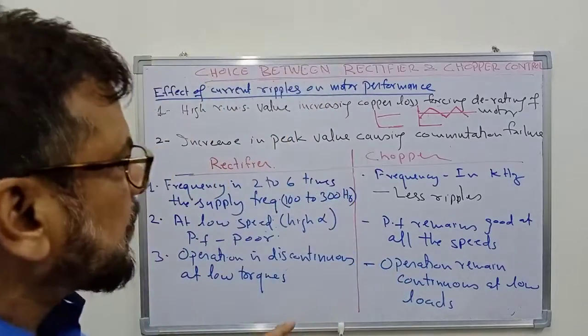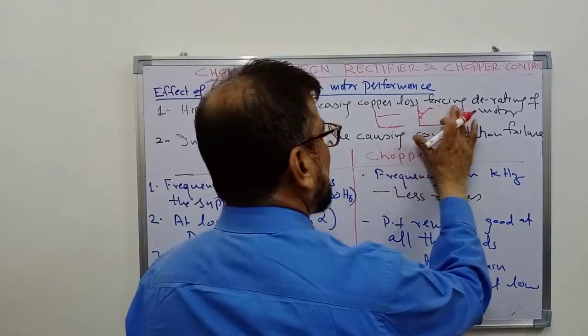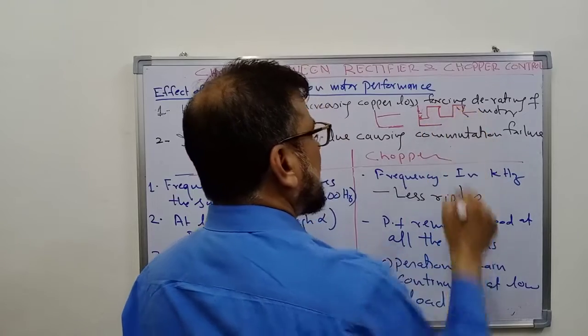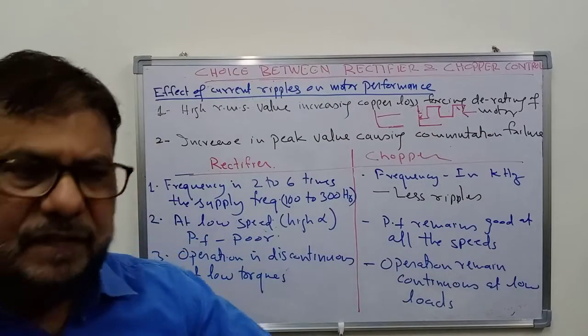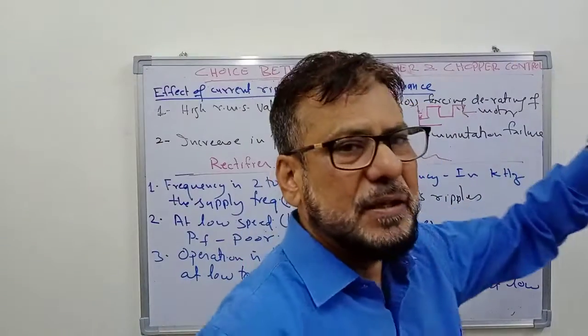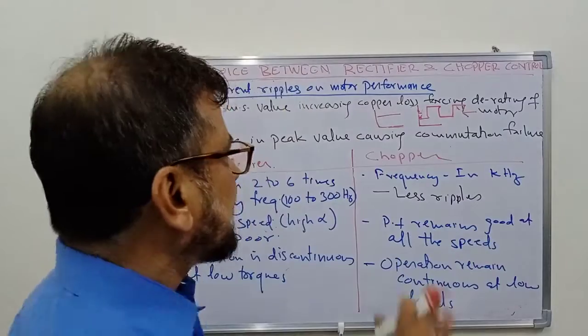You can verify this. You can take any simple wave shape, find out the average value and the RMS value, and you will see that the RMS value will be higher than the average value. So this is the problem.